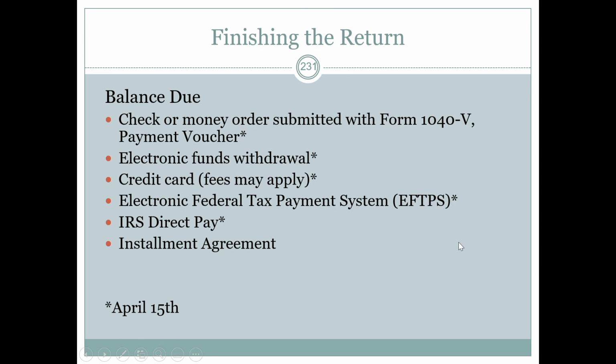And again, letting you know, a balance due is due on April the 15th. We did talk about the extensions. The extension is just additional time to file a tax return, but the payment should be made by April the 15th. Payments made after April the 15th are subject to additional interest and penalties.